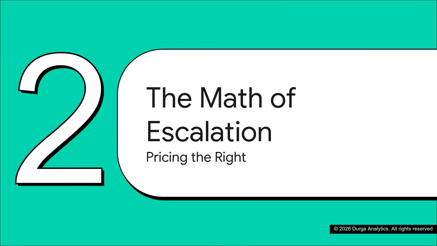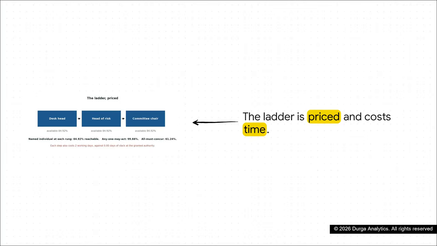Which brings us to Section 2, the math of escalation. For that 25% where escalation is actually the right move, let's price it out. An escalation right is literally only worth the probability that the person you're escalating to actually picks up the phone. When you factor in leave, travel, and endless meetings, we model an 84.92% availability for a specific named individual.